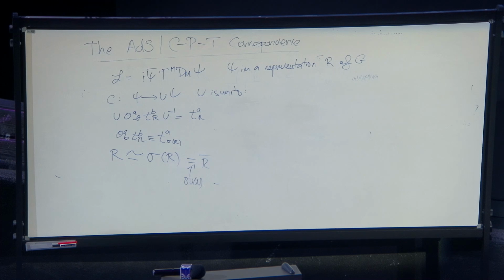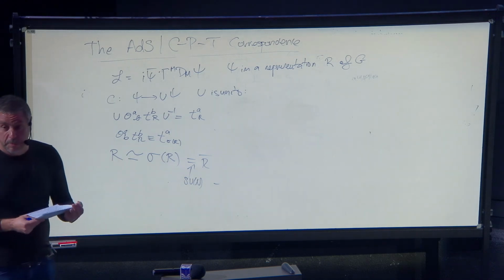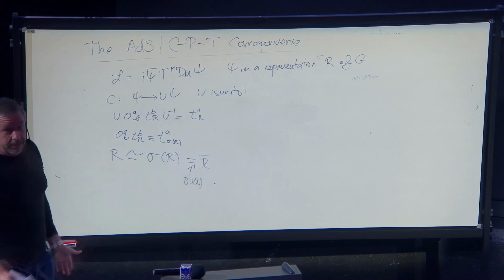I'm being very careful with my words. If R is not complex, okay? Now you could ask, so for example, that means that for N equals 4 super Yang-Mills, in which all fields are in the adjoint, you have C symmetry.